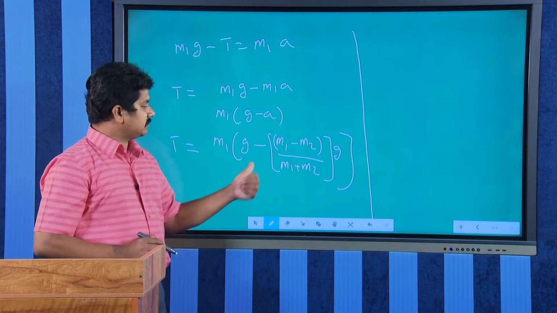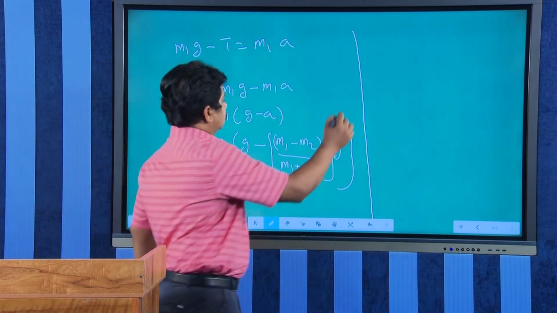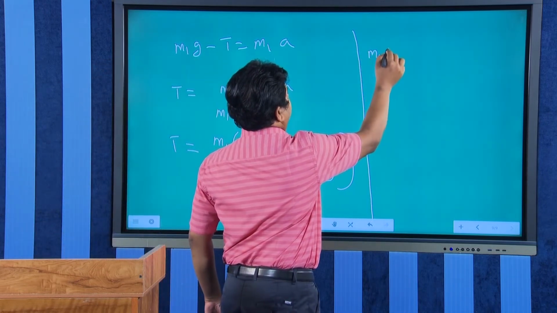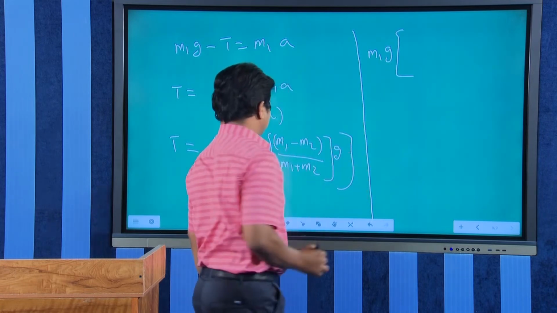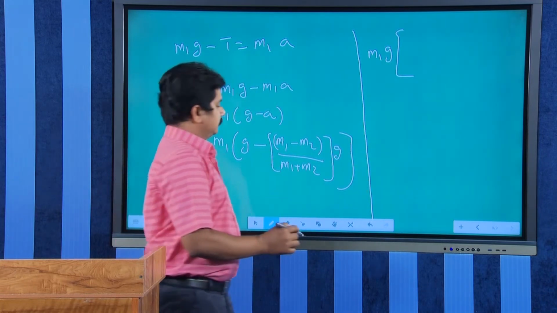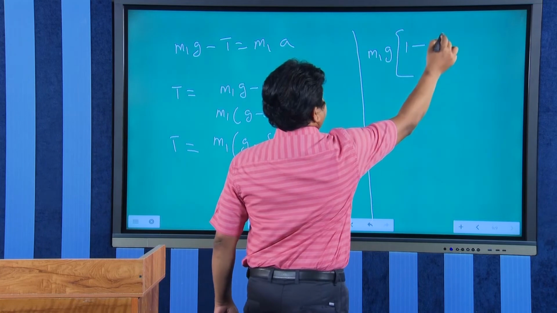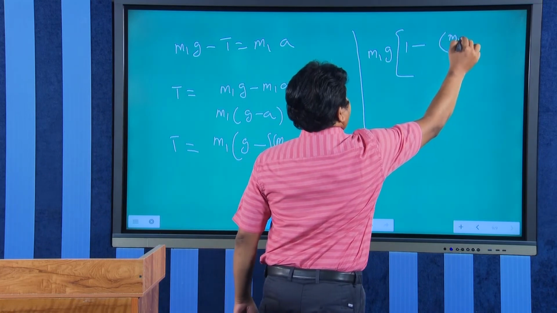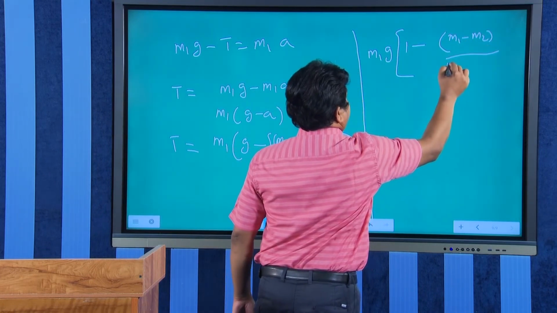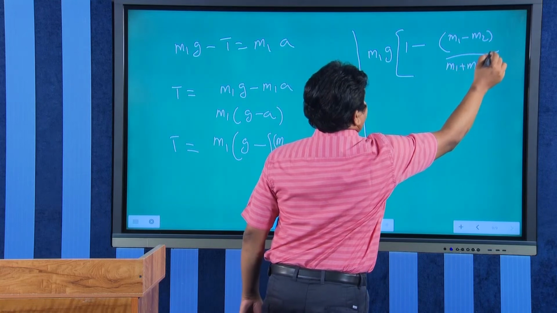Okay. We can rearrange it. So, g is common. So, we can write m1 g into 1 minus m1 minus m2 by m1 plus m2.